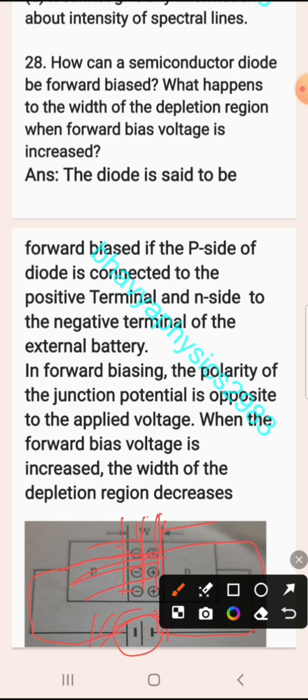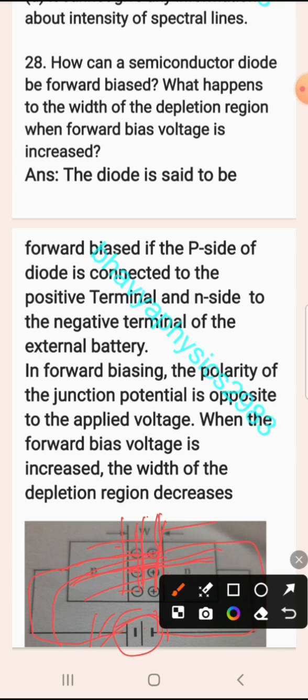Electrons are moving in this way because electrons are attracted by positive. As they start to move, the depletion region decreases, because depletion region is nothing but depleted of mobile charges or mobile carriers, okay? If it is depleted of mobile carriers, then it is called the depletion region. Depleted means, I hope you know the meaning, okay? So it is less number of mobile carriers.